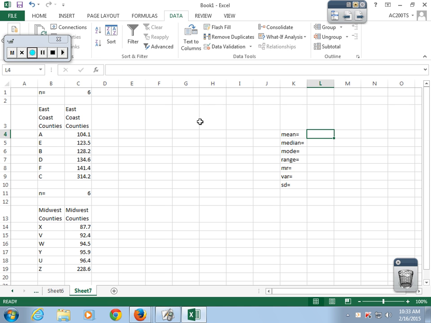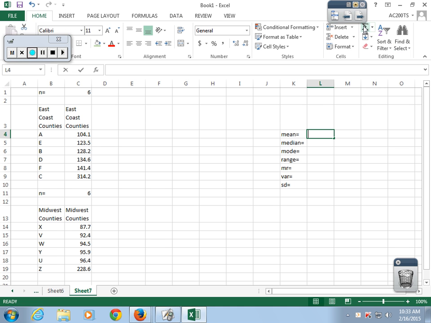So the mean is the summation of all of these divided by n. Median: since n is 6, we take these two, so it equals parentheses this one plus this one, divided by 2.